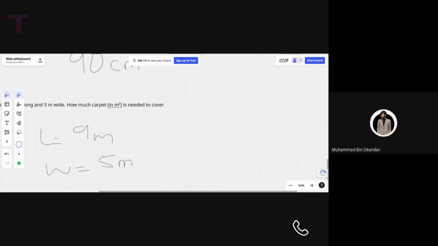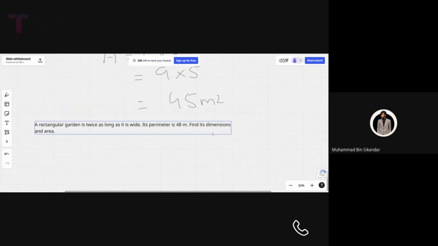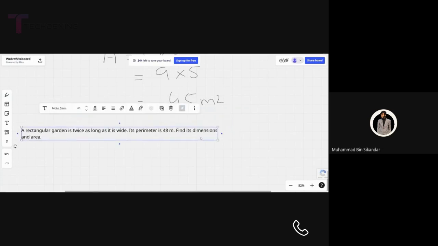Let me give you an advanced question and let's check out how much you have developed your understanding. This is some advanced question. A rectangular garden is twice as long as it is wide. We are just focusing on the area, so let me remove this. And I will give you the area.